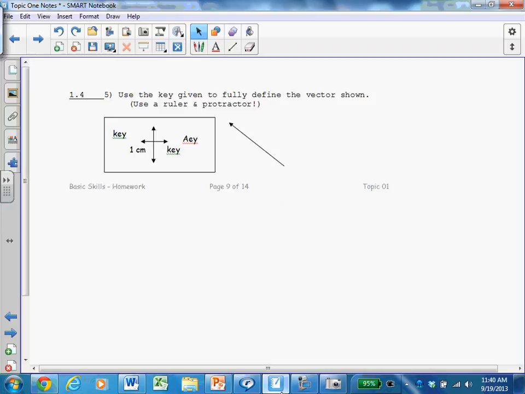So 1 centimeter equals 1 centimeter, and that's 0 degrees, and that's 180, and it goes around to 360, okay? So use your ruler and your protractor to first tell me what the value of this vector is. I gave you an easy key, 1 centimeter equals 1 centimeter.